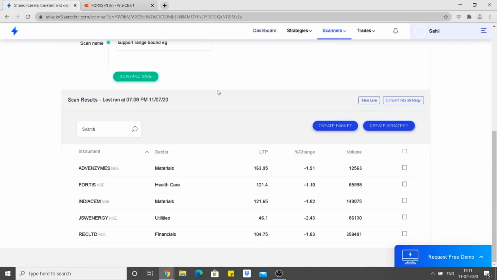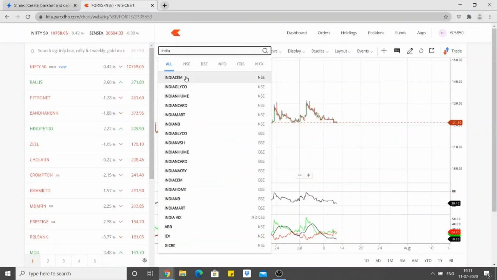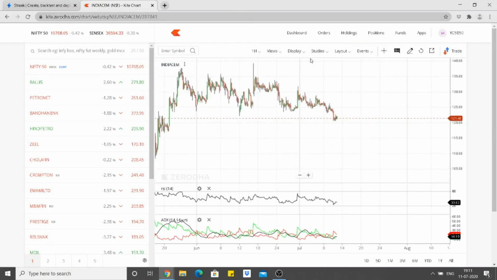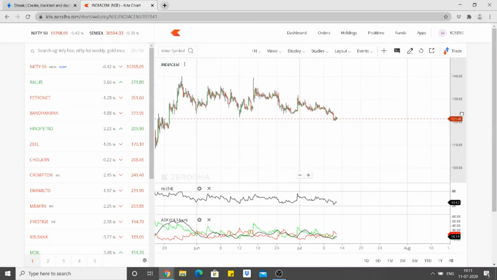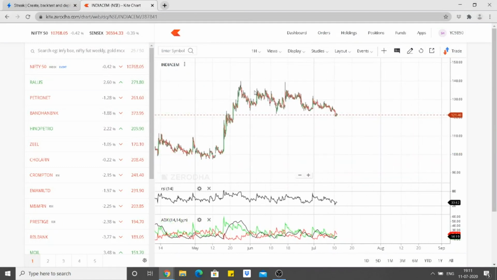Let's go ahead and check another example. Let's see India Cement. Okay, so here again we can see that the price is consolidating. It is not trending. There is no telling whether the price is bullish or bearish.